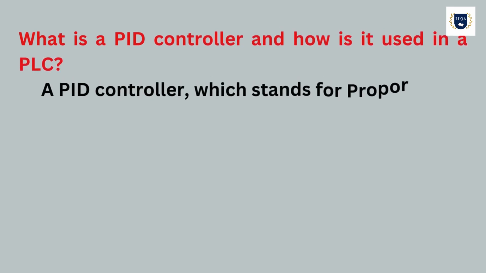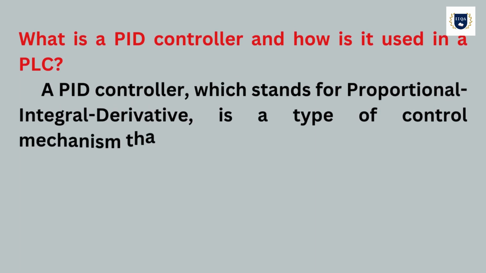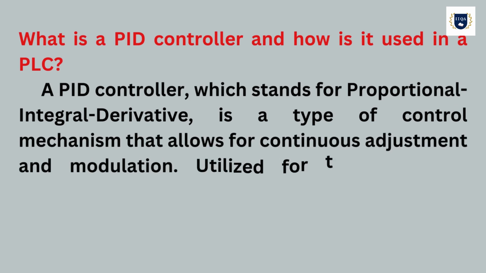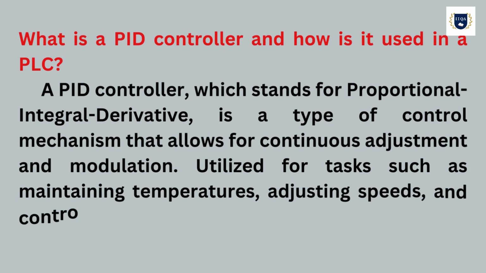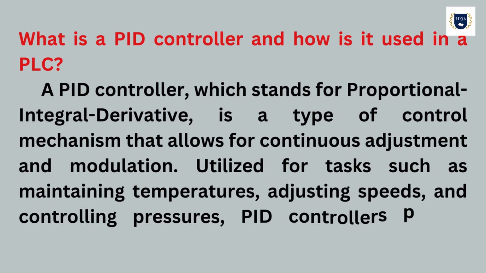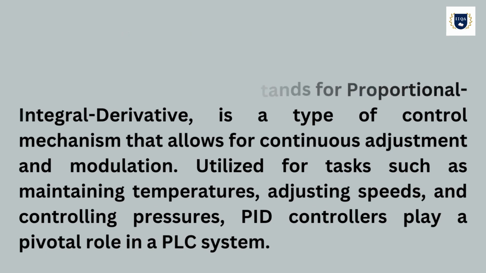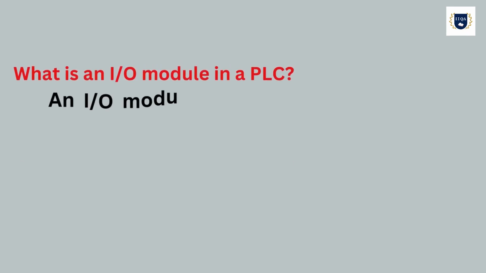A PID controller, which stands for Proportional Integral Derivative, is a type of control mechanism that allows for continuous adjustment and modulation. Utilized for tasks such as maintaining temperatures, adjusting speeds, and controlling pressures, PID controllers play a pivotal role in a PLC system. What is an I/O module in a PLC?